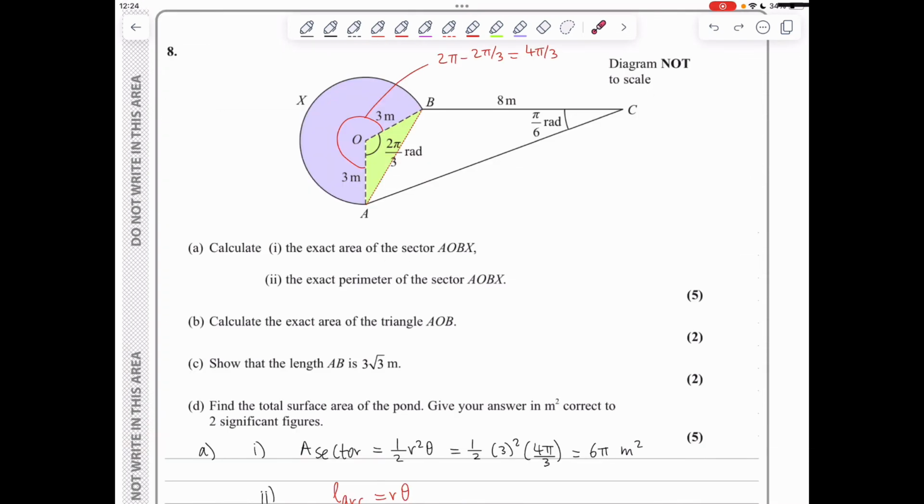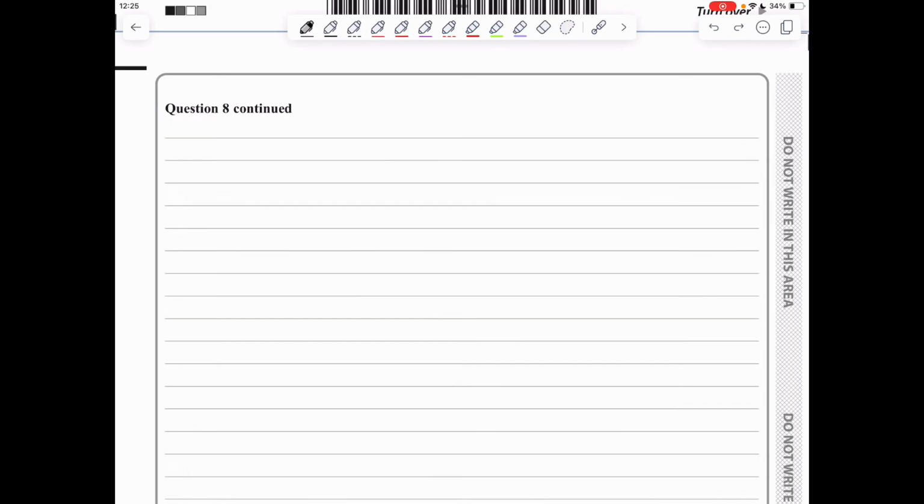In C, we need to show that the length AB is 3 root 3 meters. This is the length here. So I'll be using the cosine rule in triangle OAB because we know the two sides, OB and OA, and we've got the included angle 2 pi over 3. So the cosine rule says that AB squared should be equal to 3 squared plus 3 squared minus 2 times 3 times 3 times the cosine of 2 pi over 3.